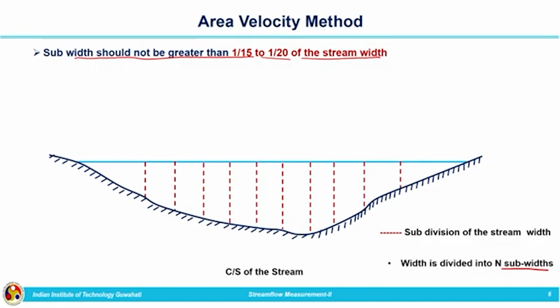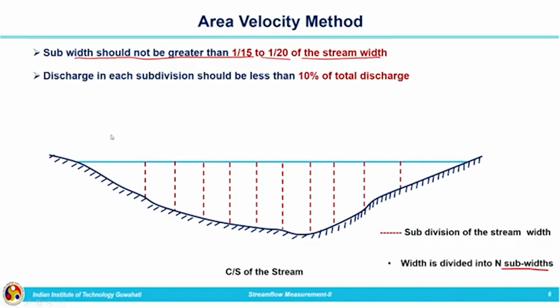It should be less than that. Second criterion is that discharge in each subdivision should be less than 10% of total discharge. This will come with experience only. When we see a river cross section, we cannot easily understand that 10% of discharge will be coming within this subwidth.